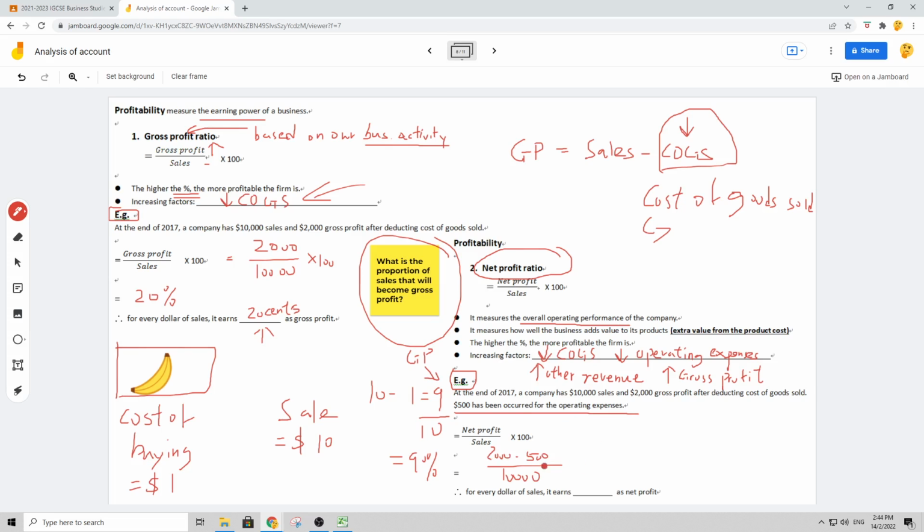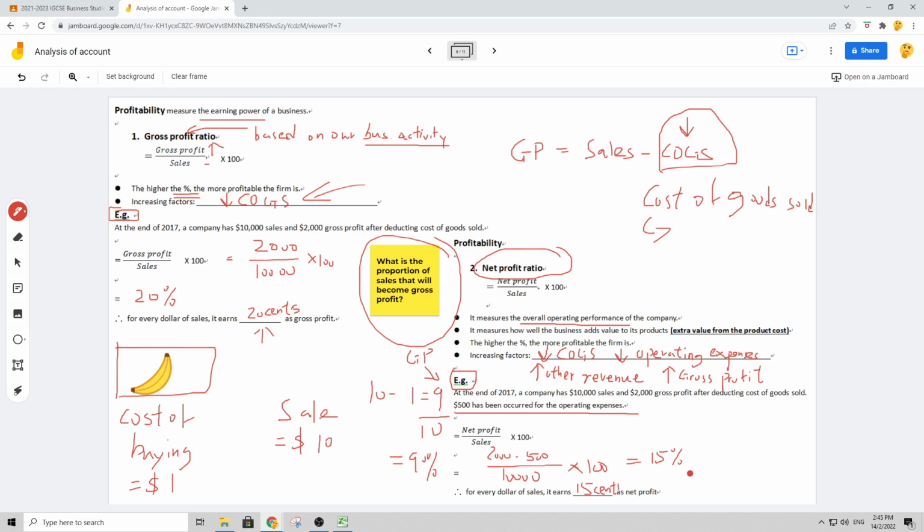Once you have got the idea, at the end you just have to multiply it by 100, and then you will find 15%. So for every dollar of sales, if you consider net profit ratio, which means 15 cents, for every dollar of sales, you earn 15 cents as a net profit.